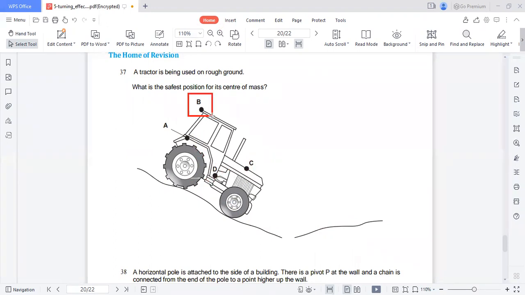One center of mass is here, one here, one here, and one here. By definition, the lower the center of mass, the more stable it is. So the green one looks better because its center of mass is at the lowest position.